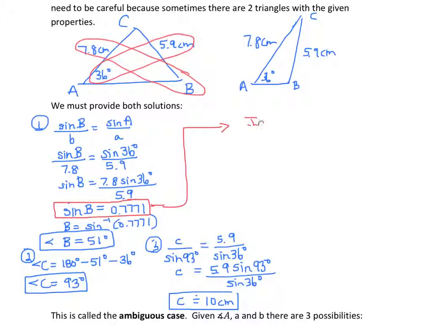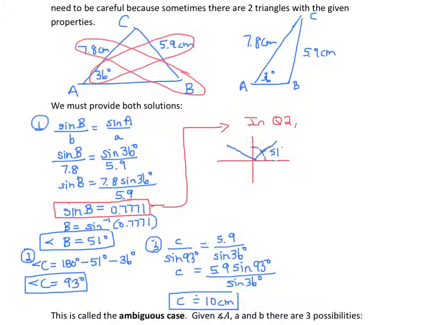So we could say in quadrant 2 then, okay, the corresponding angle to 51 degrees, which was our first solution we found. So remember solving questions like this before, we'd have to say sine is also positive in quadrant 2.